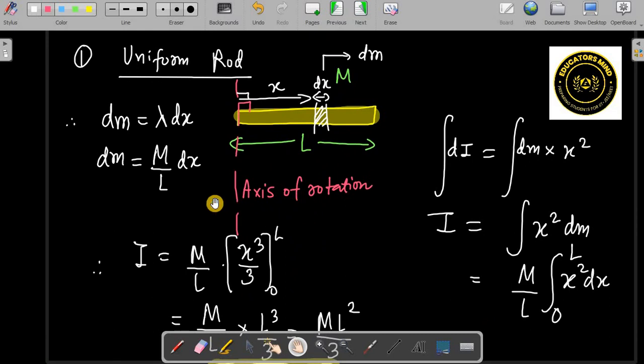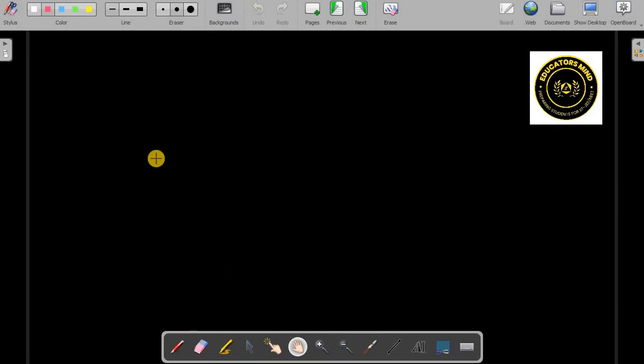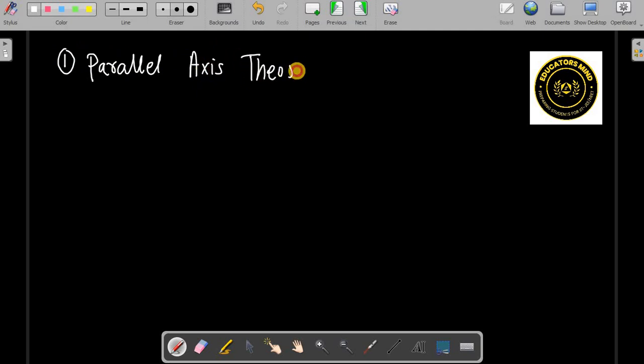Now let us move to the two important theorems, with which we'll conclude this topic. So there are two important theorems. One is called the parallel axis theorem, and the other is the perpendicular axis theorem. So let us first discuss the parallel axis theorem.